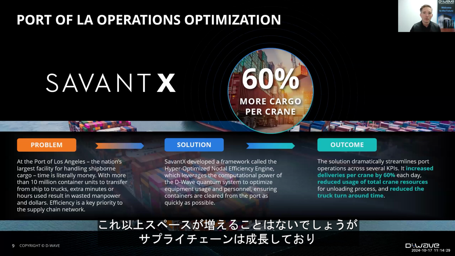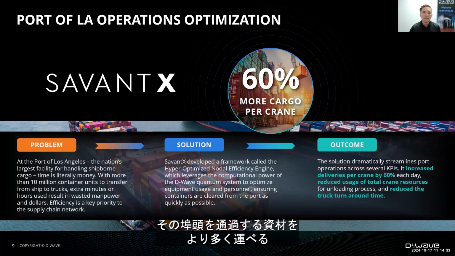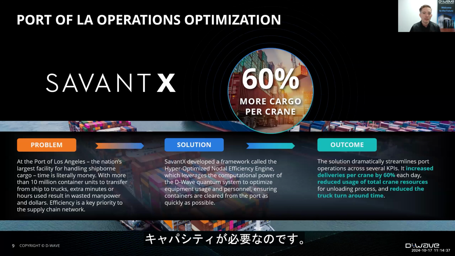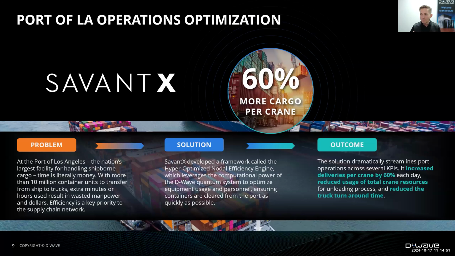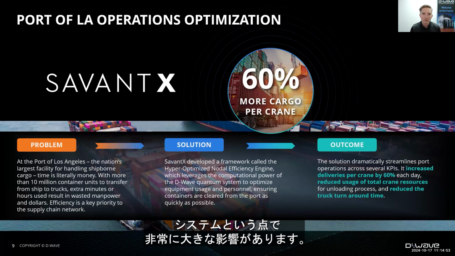They're not going to get any more space, but supply chains are growing, and they need to be able to have more capacity to flow material through that pier. And so Savantex helped to build a solution which allowed them to increase the amount of cargo that they were handling by 60% each day, while also simultaneously reducing the truck turnaround time by 12%. Huge impact here at scale when we're talking about systems.